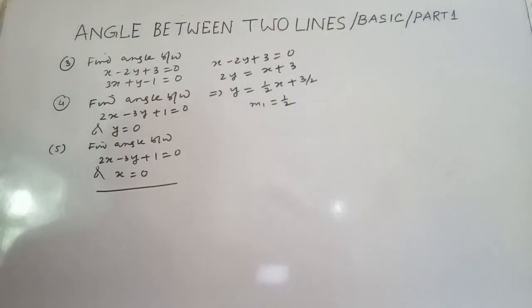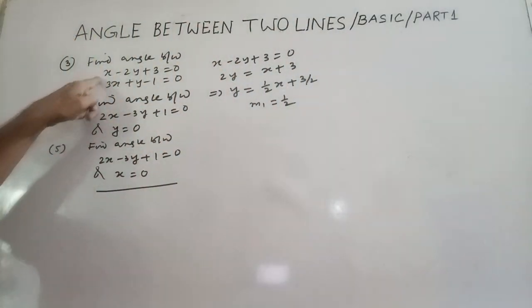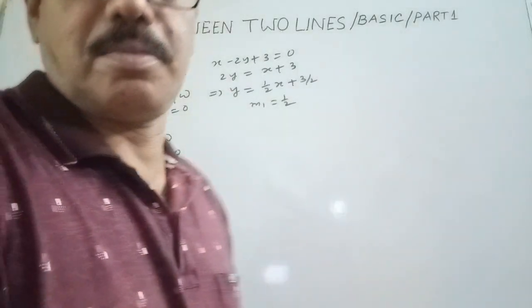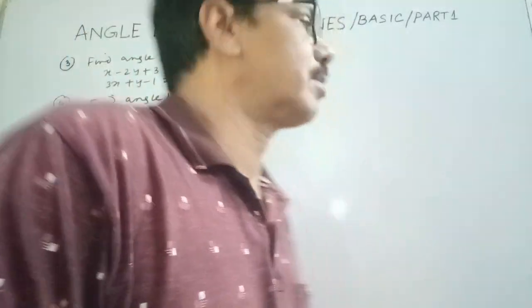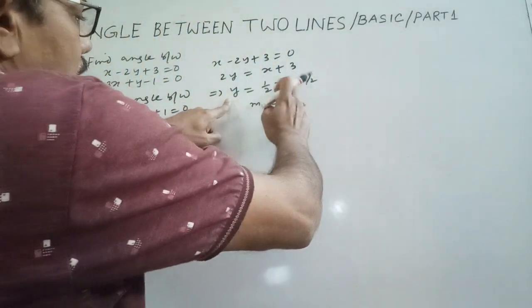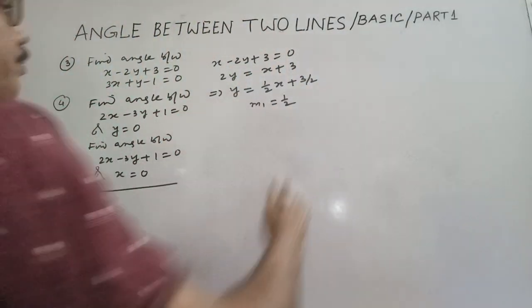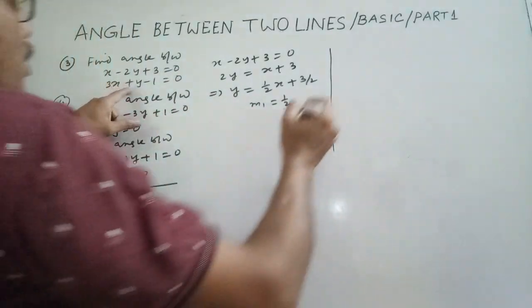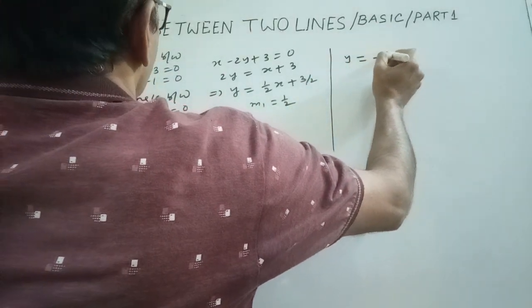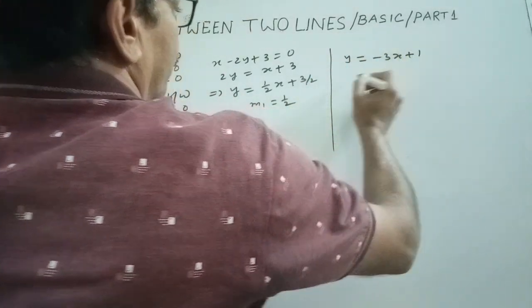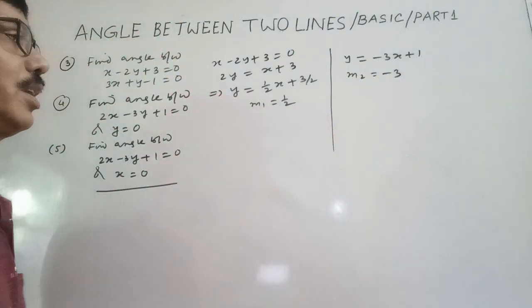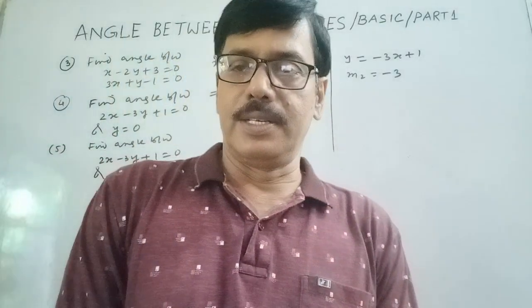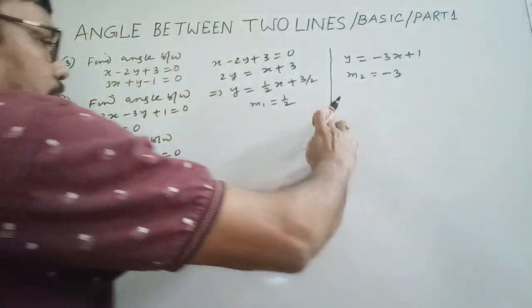You can write it directly, no harm. What is the formula of slope? Coefficient of x by coefficient of y, with a minus sign. Mind it, x and y are on different sides. Now the second one is y equals minus 3x plus 1. So m2 is minus 3. So we are getting m1 and m2.